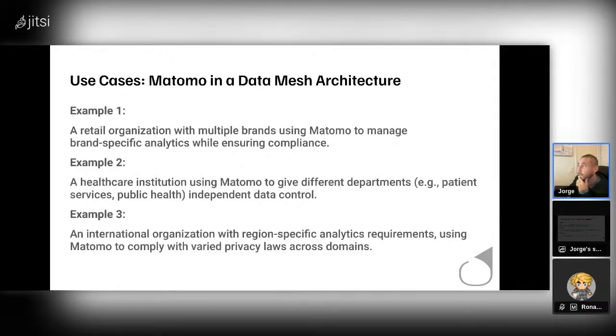And I want to take a few minutes to discuss a couple of use cases or scenarios with Matomo in a data mesh architecture.